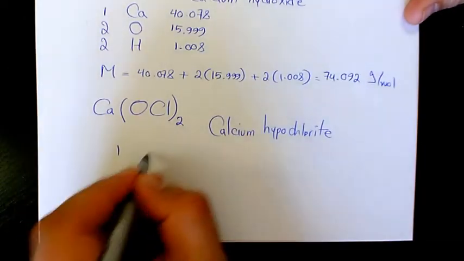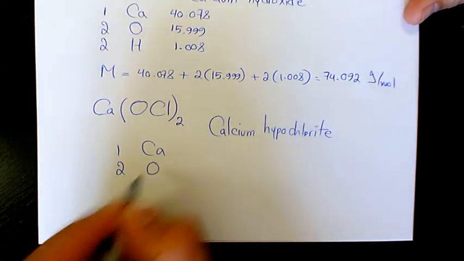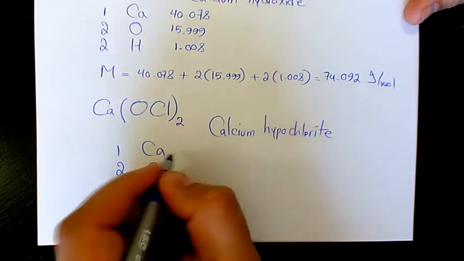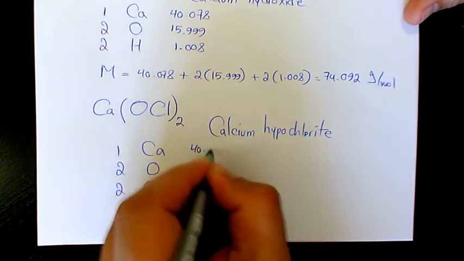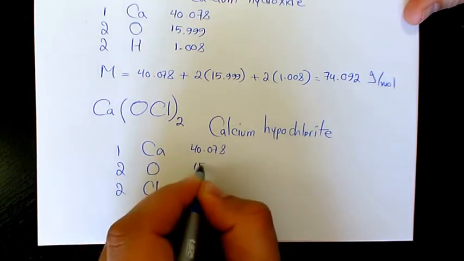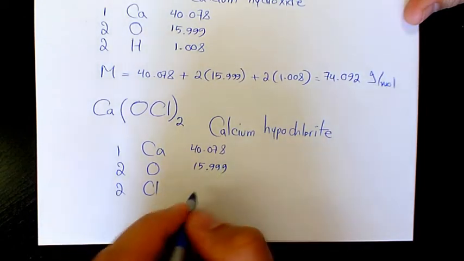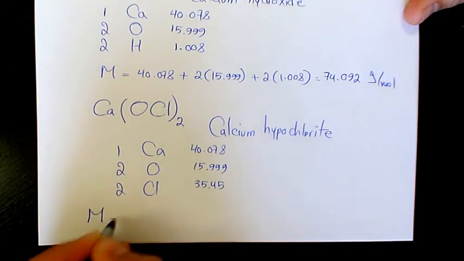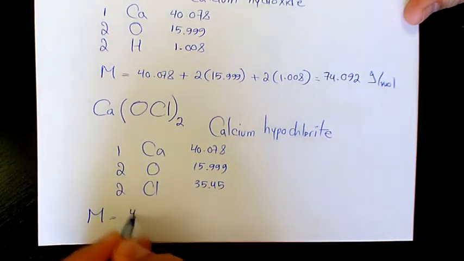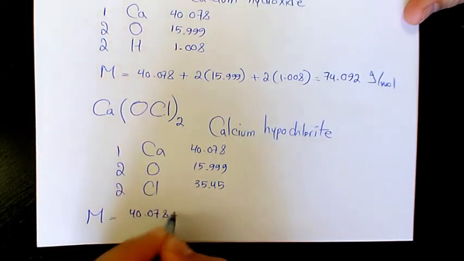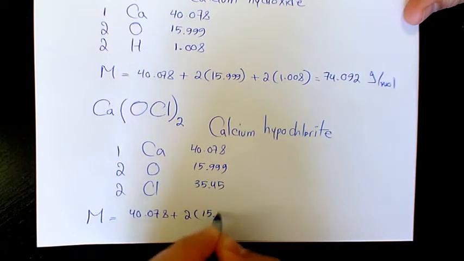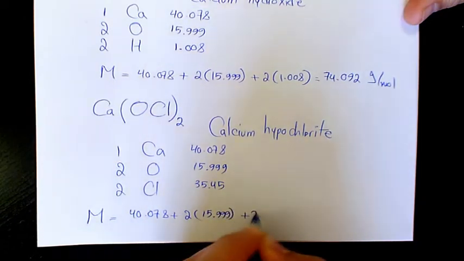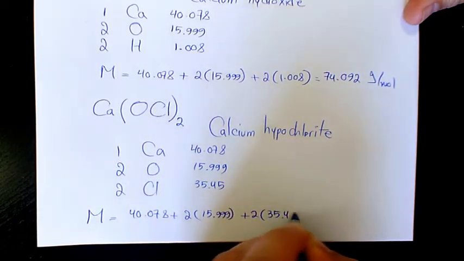So 1 atom of calcium, 2 atoms of oxygen, 2 atoms of chlorine. This one is 40.078, oxygen is 15.999, chlorine is 35.45. So that's going to be 40.078 plus 2 times 15.999 plus 2 times 35.45.